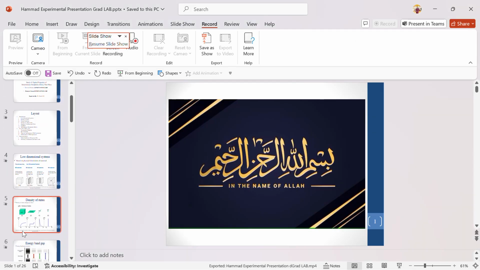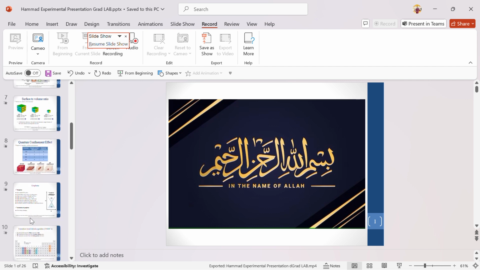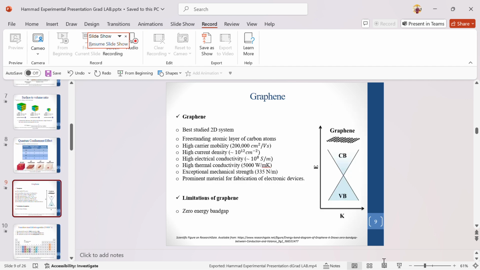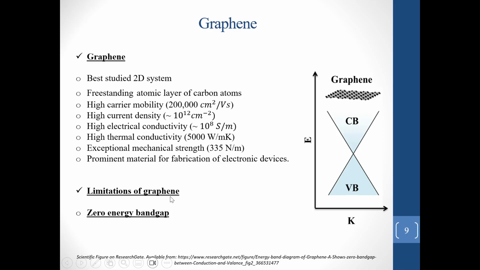Let me show you here. So what's the limitation of graphene? It has zero energy band gap. As you can see, this is the E-k diagram of graphene, and this is the conduction band, and this is the valence band. And you can see there is a direct connection of the valence band to the conduction band.